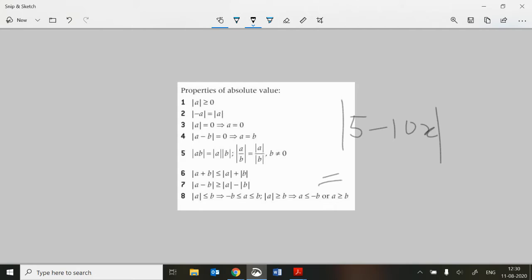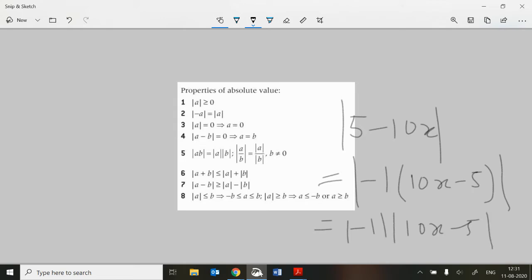Now we could take out a factor of -1, so now we've got -1 times 10x minus 5, and we can split that up into the modulus of -1 and the modulus of 10x minus 5. The modulus of minus 1 will just disappear, and we're down to the modulus of 10x minus 5, because the modulus of minus 1 is 1.